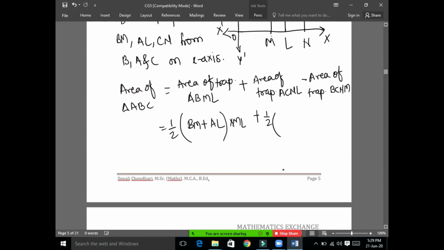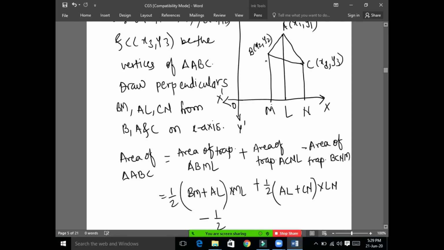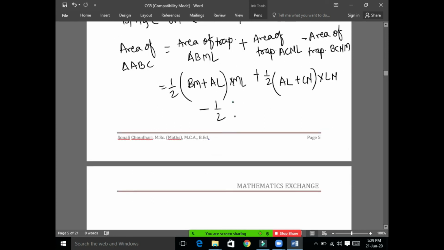So half into AL plus CN multiplied with the perpendicular distance between them, which is LN, minus, similarly for the area of trapezium BCNM the parallel sides are BM and CN and the perpendicular distance is MN.